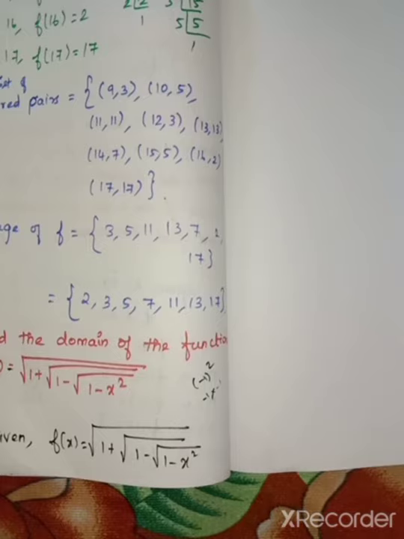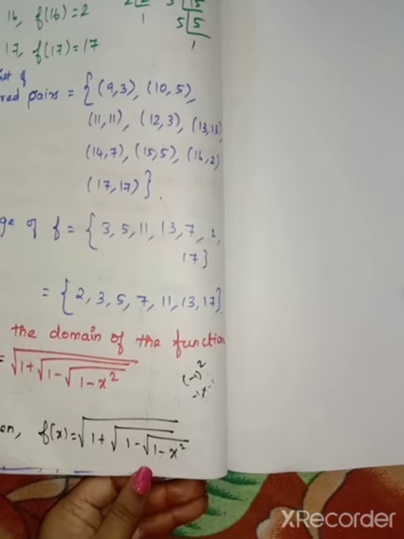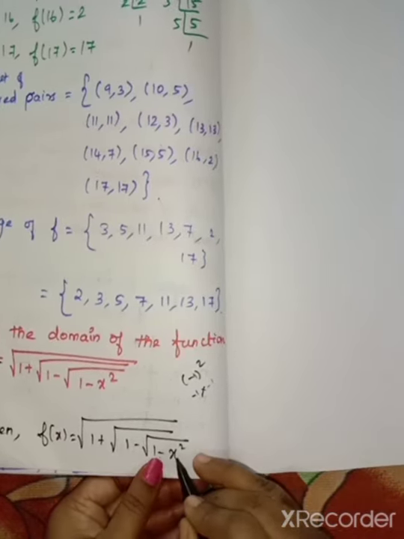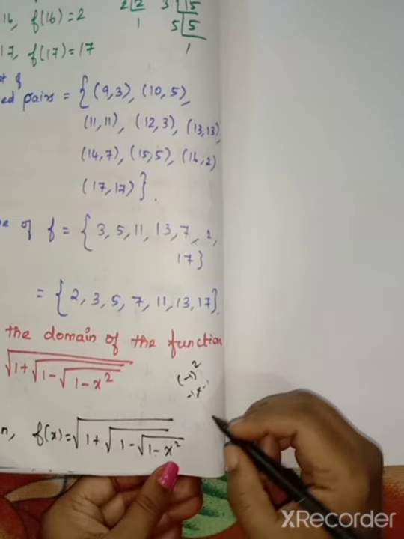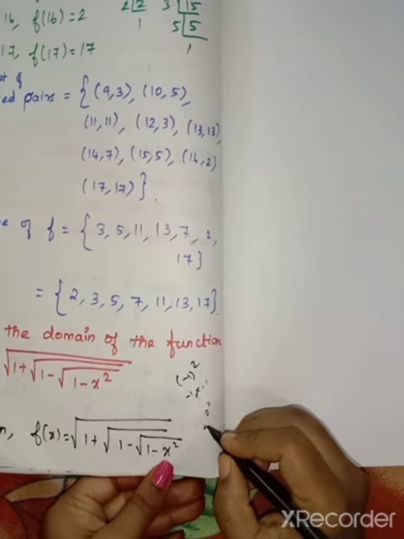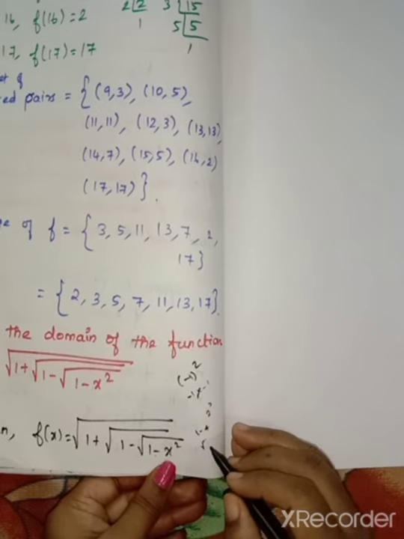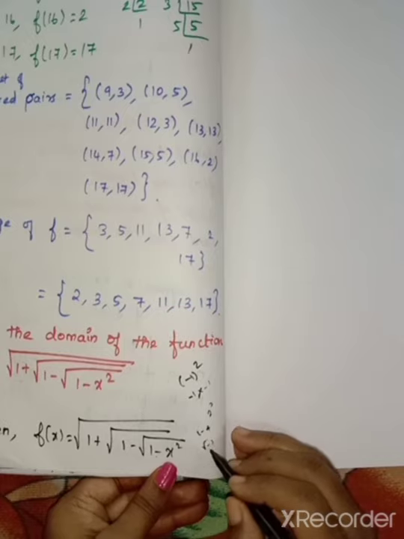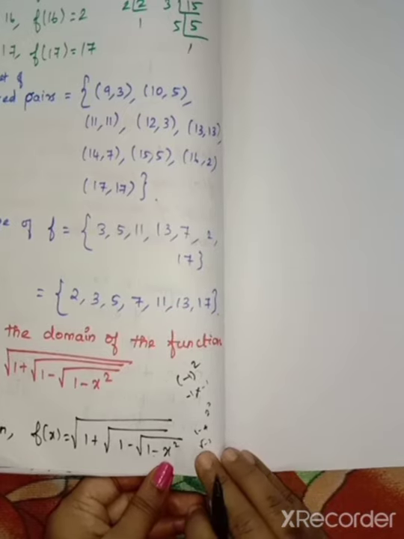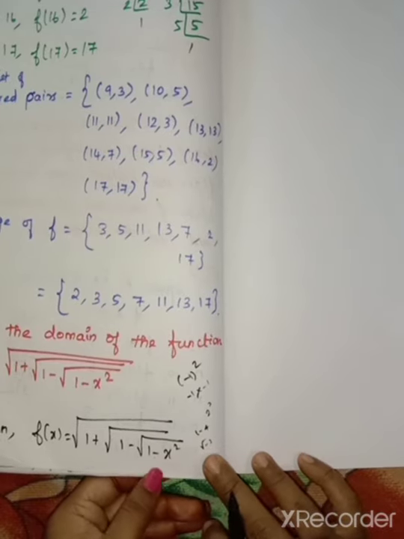Likewise we want to substitute 2. Because 1 is there, the next highest value is 2. If you substitute 2, we get 2 squared, which is 4. So 1 minus 4 is minus 3. So minus is imaginary. Already I have said this is in the complex numbers, not for the function value.